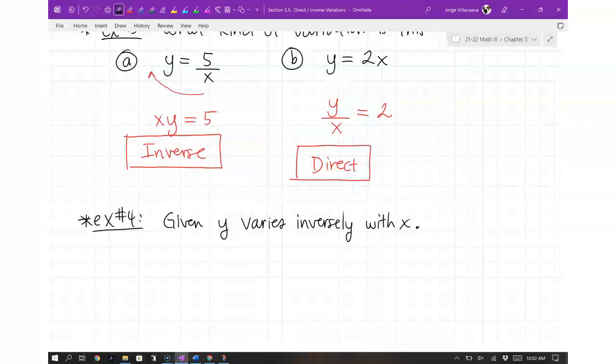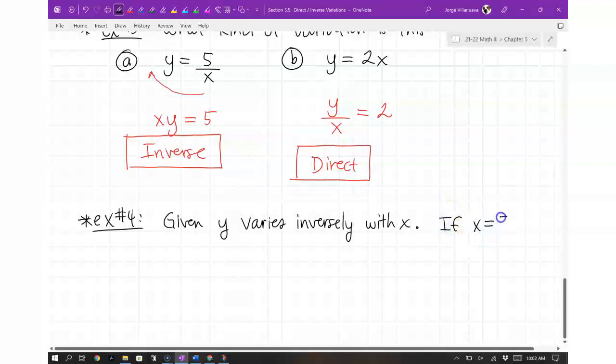Then they say, if x equals 7 when y equals 2, what is y when x equals 10?